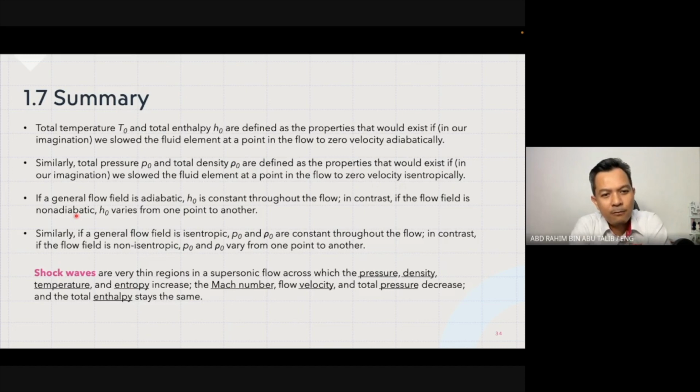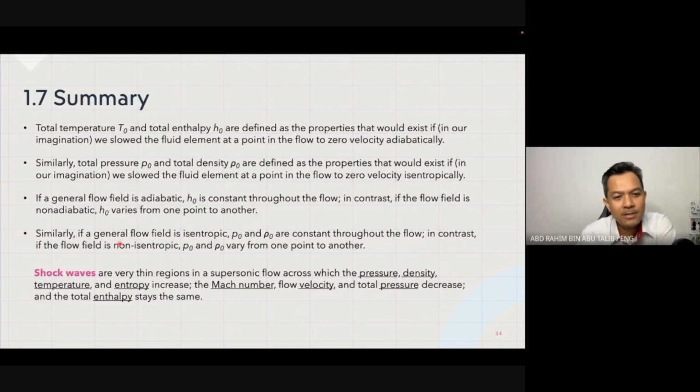If a general flow field is adiabatic, the total enthalpy is constant throughout the flow, in contrast to a non-adiabatic flow field, where the total enthalpy varies from one point to another. This is one point that you need to understand.